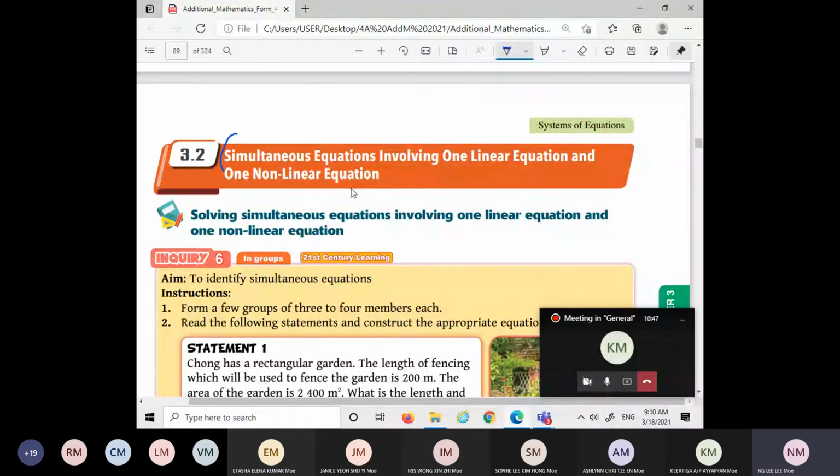Today we will learn simultaneous equations involving one linear and one non-linear equation. There are only 2 equations in this system of equations, but no longer linear. It's one linear and one non-linear. So this is the index for today. Today is 18. So use your MX3.